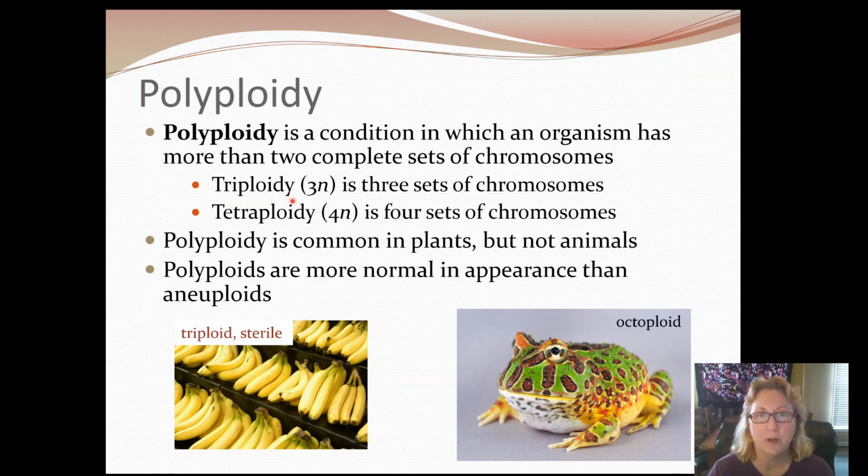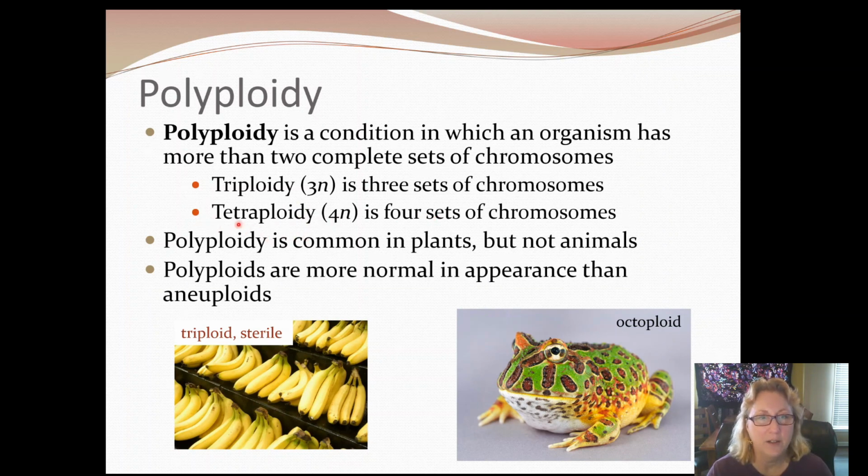So triploid would be represented as 3N, and that indicates there are 3 full sets of chromosomes. So instead of a homologous pair, we have a homologous trio. And tetraploid would be 4 of each of the chromosomes.